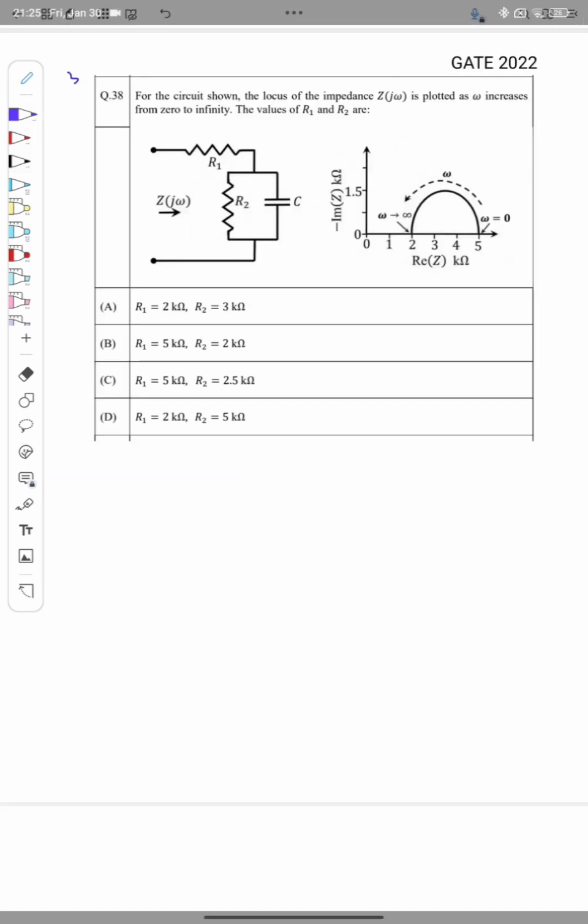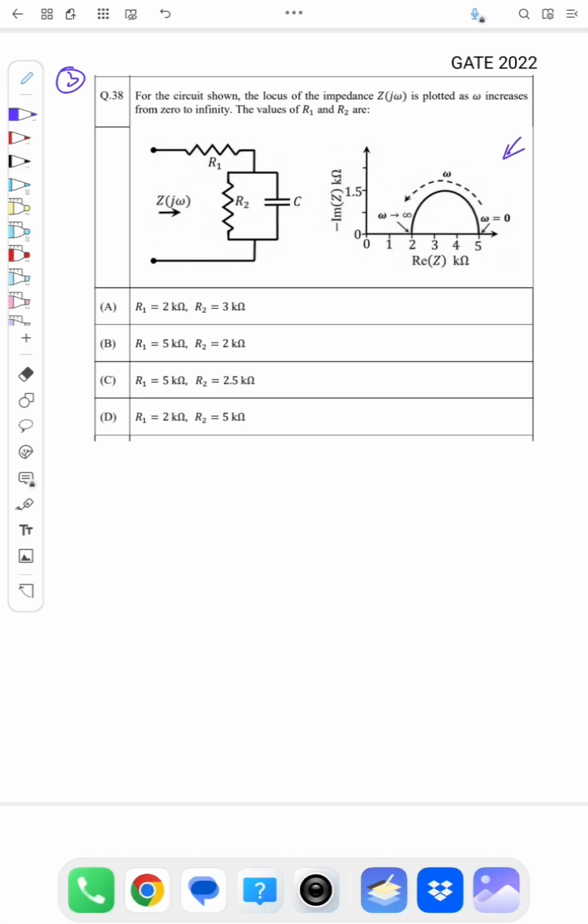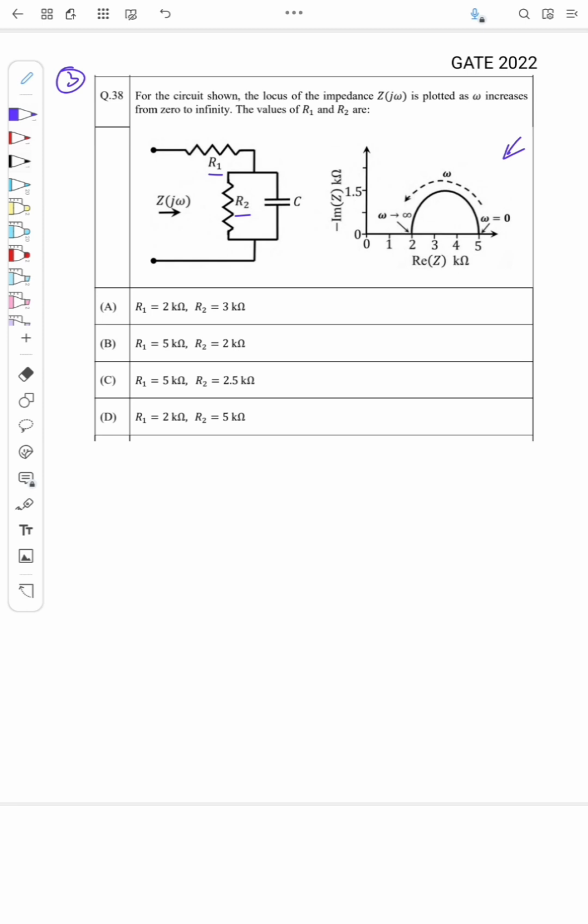Now this is a question, again a question from GATE 2022. The question is, for the circuit shown the locus of the impedance Z of j omega is plotted as omega increases from 0 to infinity, that is shown here. The values of R1 and R2 are, so for the circuit what is the value of R1 and R2 in such a way that the locus Z of j omega is plotted as shown here.